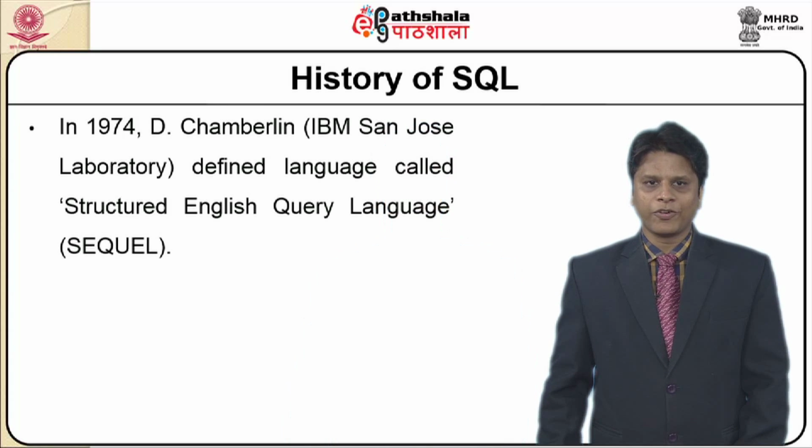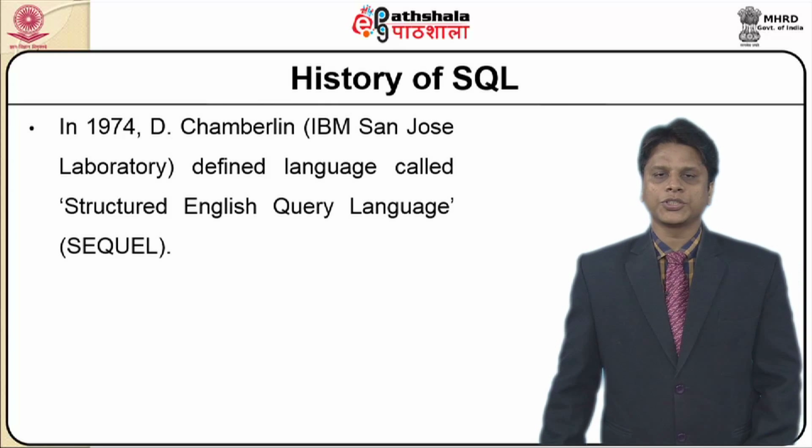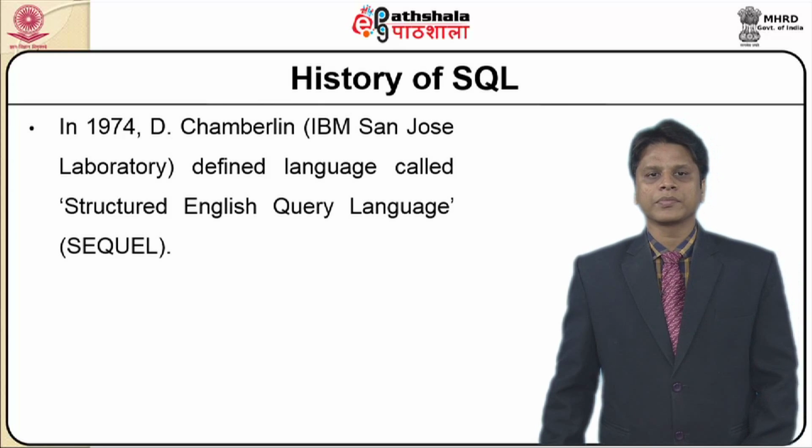In 1974, a person named Chamberlin from the IBM San Jose laboratory defined a language which was called Structured English Query Language in the beginning, that was abbreviated as SEQUEL.